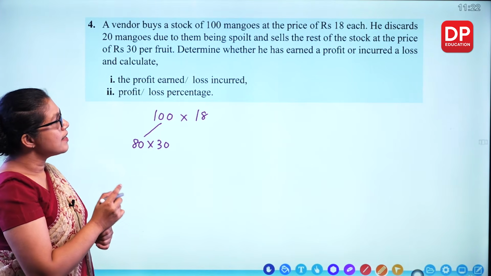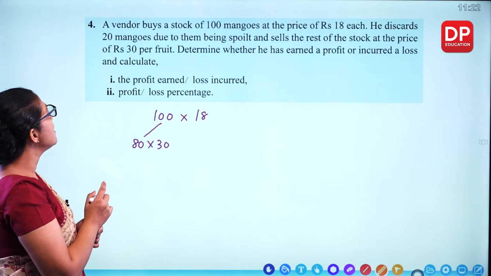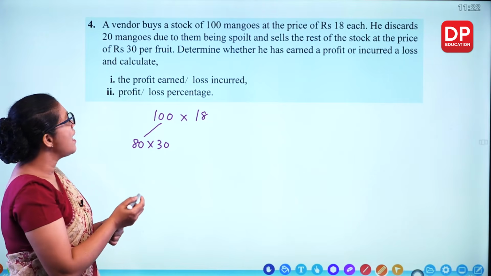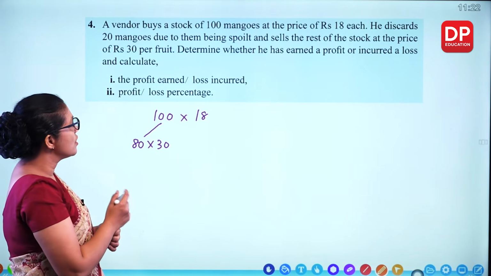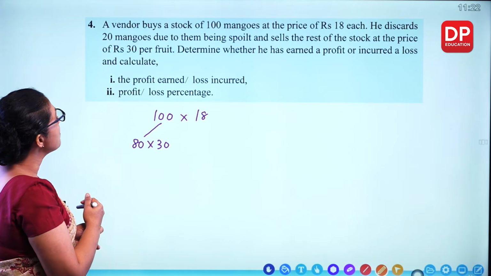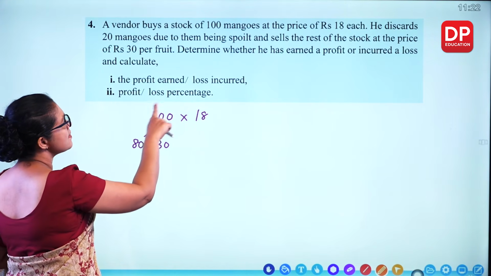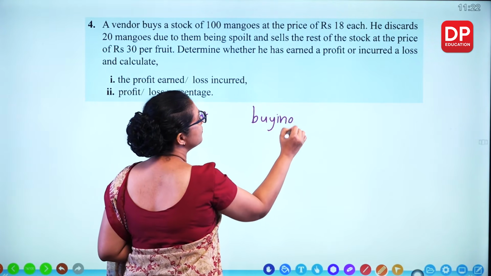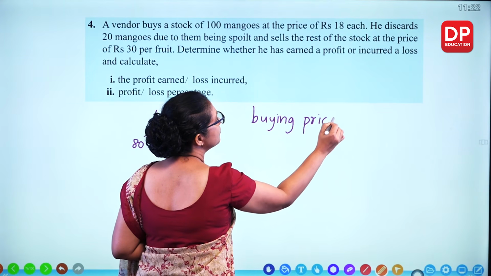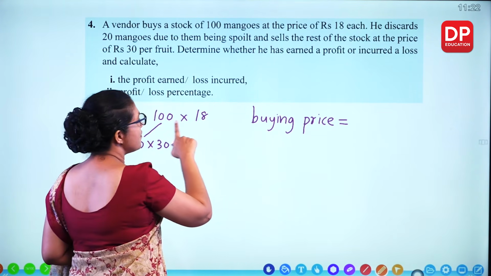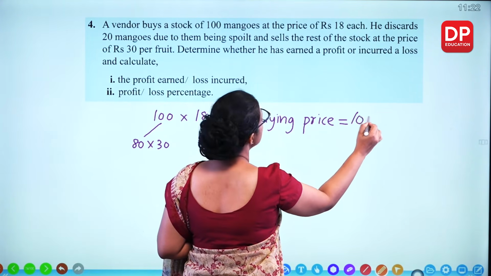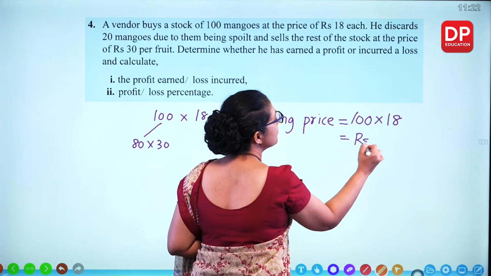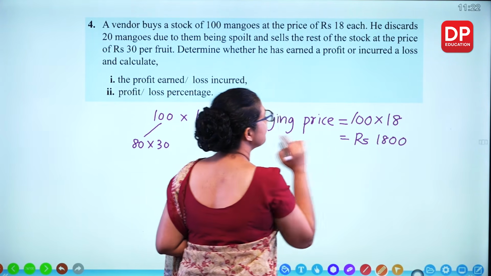Determine whether he has earned a profit or incurred a loss and calculate the profit earned or loss incurred and the percentage. So how do you find out the buying price? This is the buying price. 100 mangoes for 18 rupees, 1,800.